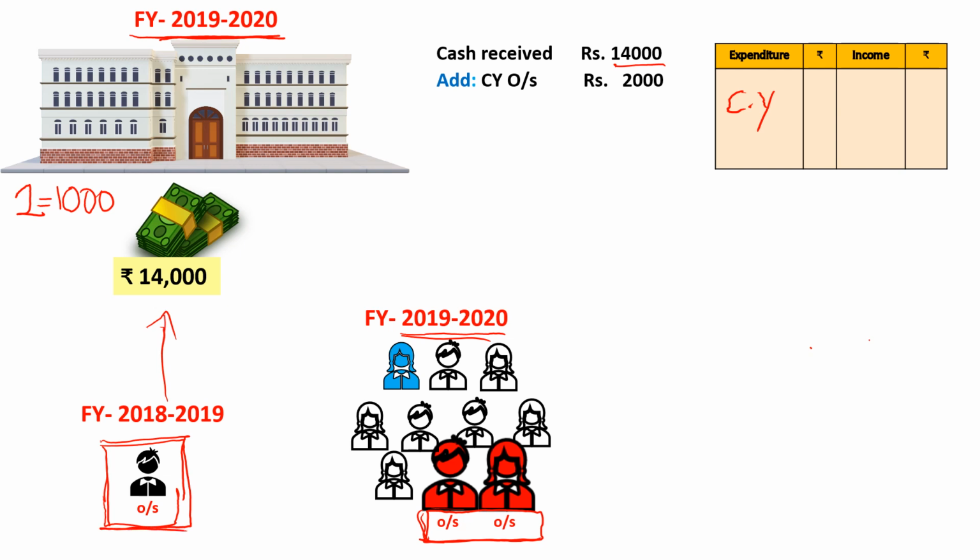Is it related to current year? No. It is related to the year 2018-19, which means previous year. It is previous year transactions for which you are receiving income in this year. So it is not related to this year. That's why we need to deduct it from our balance.